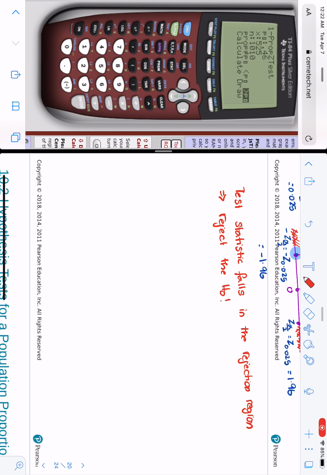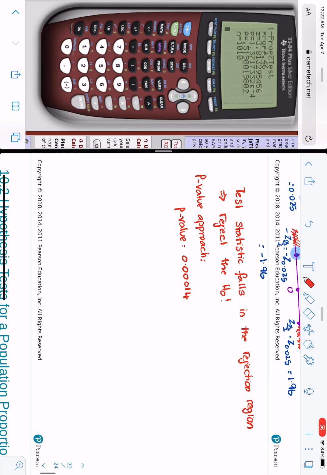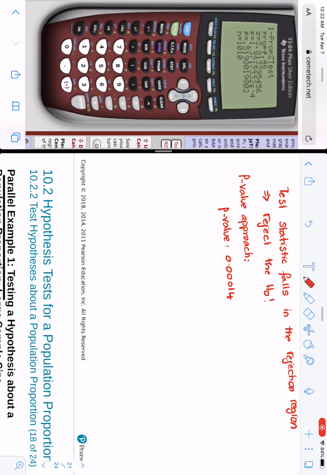Here the definition of the test changed, so we have to go from greater than p0 to not equal to p0, and that would give us a p-value of 0.00014.